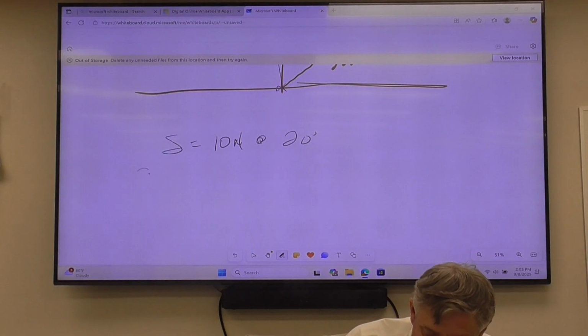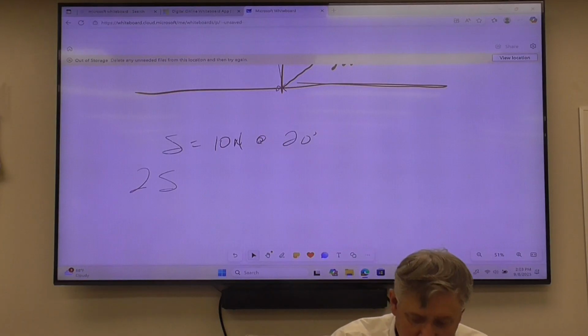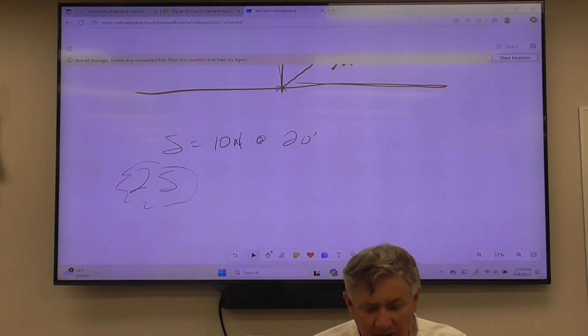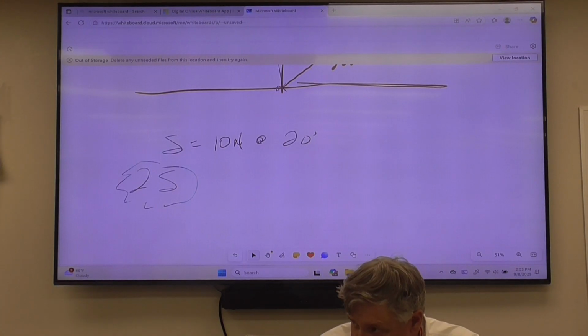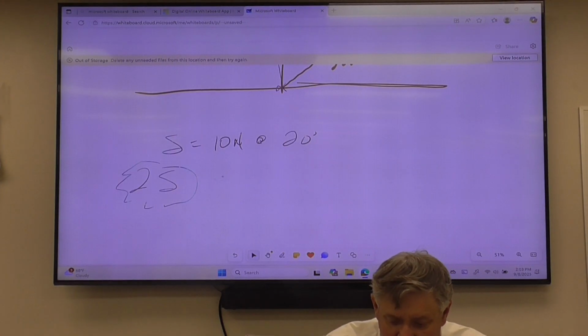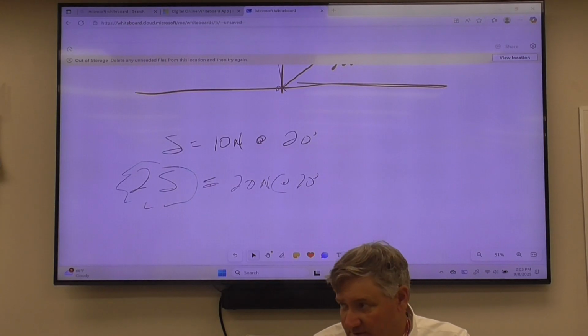So let's say that you're told to draw 2S. If you're told to double it, that doubling only affects the magnitude and not the angle. So if you were to draw 2S, that's basically saying you need to draw 20 newtons at 20 degrees.